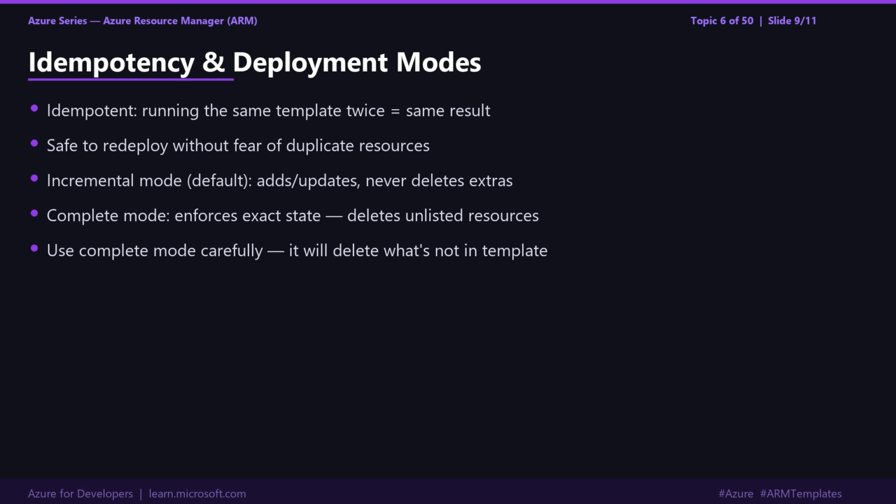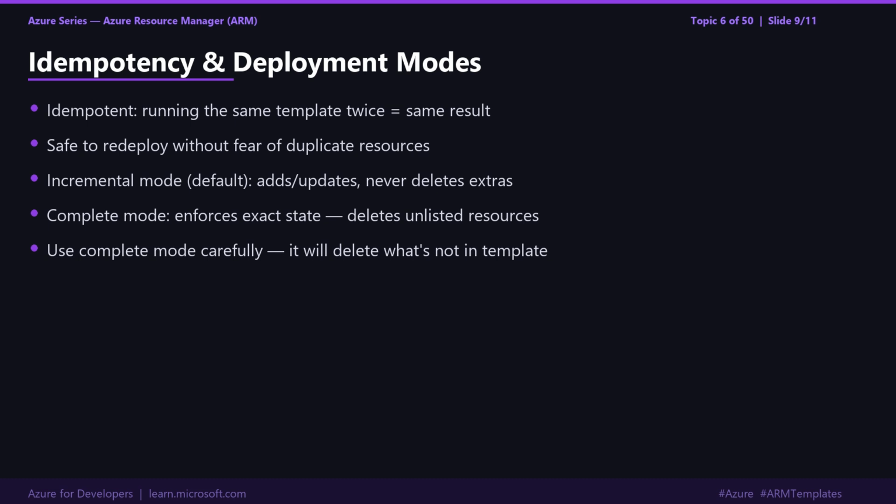It checks what already exists, compares to your template, and only applies changes. If a storage account with the right name and settings already exists, ARM leaves it alone. This makes it safe to include template deployments in automated pipelines that run on every code merge. No risk of creating duplicate resources or errors because something already exists.